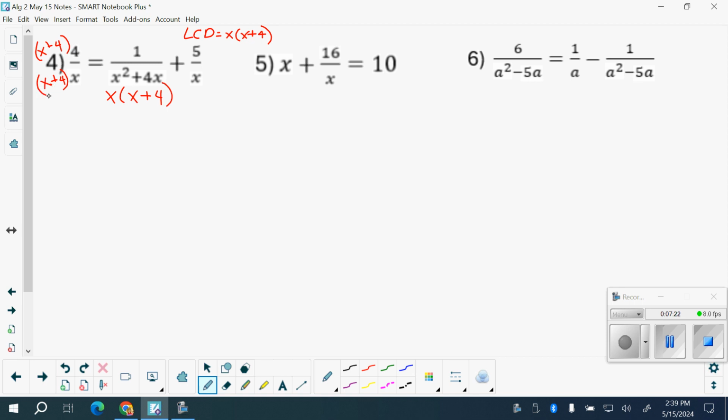And then this one, we already have the denominator. We don't multiply by anything, right? And then what about the 5 over x? X plus 4 again. Okay, so I'm going to write it all out. If you wanted to multiply as you write, that's fine.